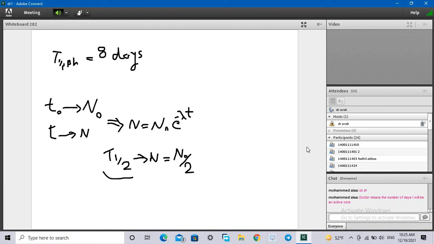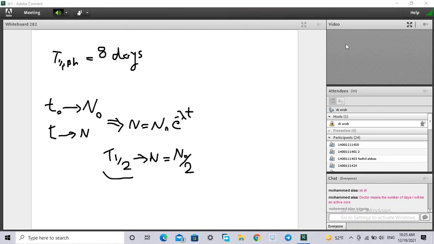When we say that the half-life for iodine, for example, is 8 days, it means it needs 8 days to pass to reach half of the activity, to get half of the nuclei with activity.